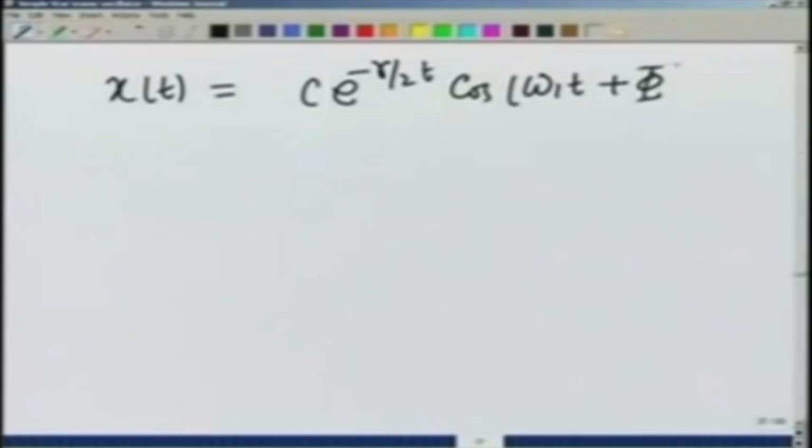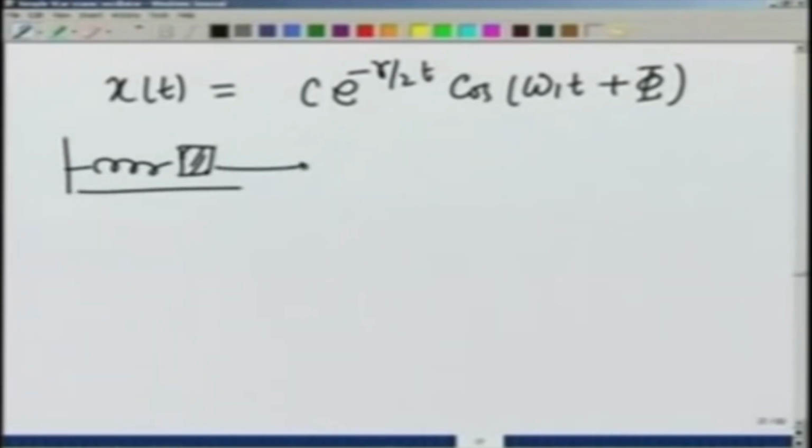So, if I were to write x t is equal to c e raised to minus gamma over 2 t cosine of omega 1 t plus phi, and take the case where I took this oscillator, stretched it out by a distance, let us say a, and then let go, how would the solution look?